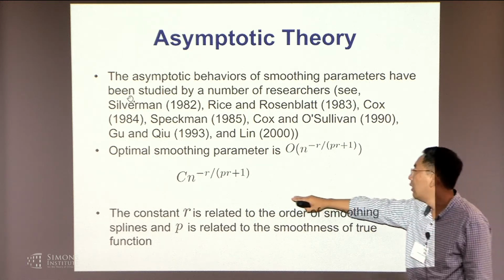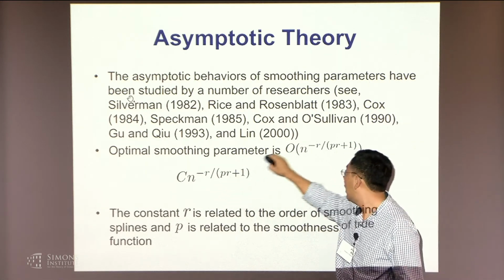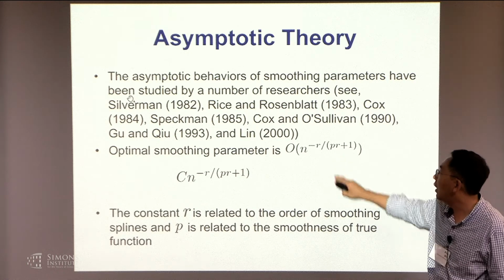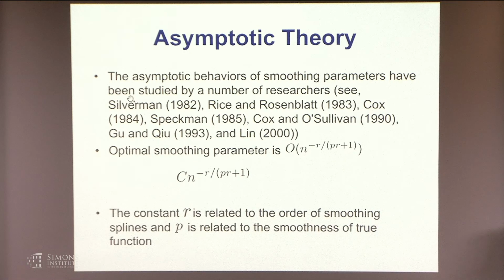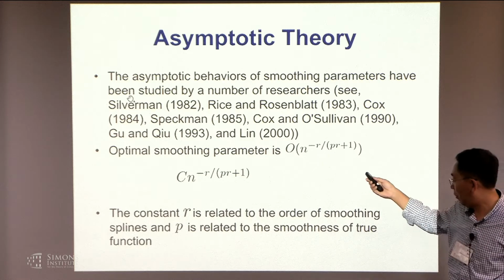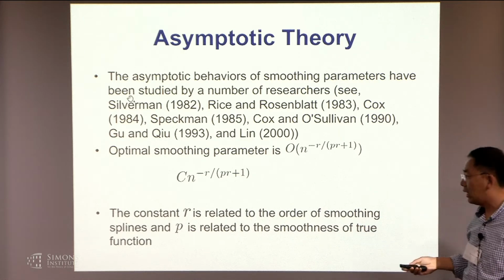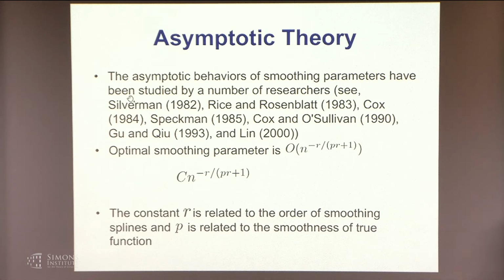This order depends on two things, r and p. r is related to the order of the smooth function you want. Typically, in this case, we use smoothing splines to fit the model. And p is related to the underlying true function, how smooth that is.